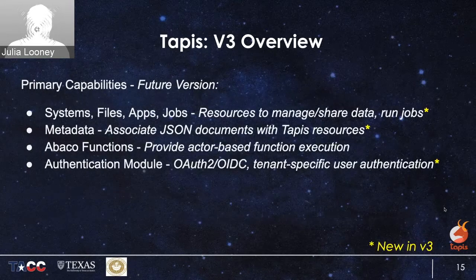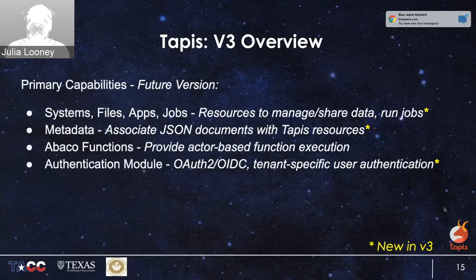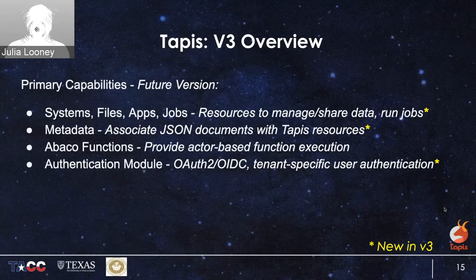Tapas version 3 is the future version, the version we're currently working on. It has many of the same concepts as in version 2. So there are systems, files, apps, and jobs as in version 2. It has a metadata service, and it has the OAuth 2 authentication module.